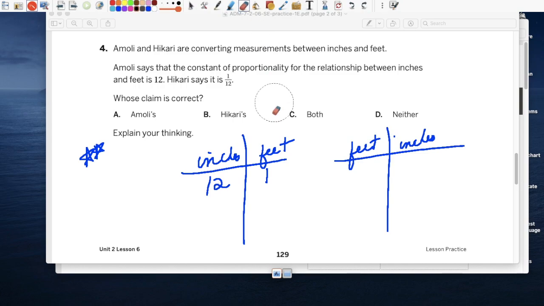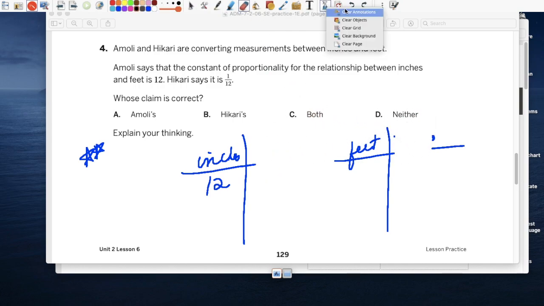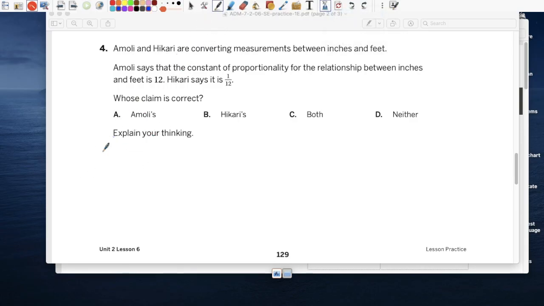Okay, I should change that to foot. So inches to feet, and then feet to inches.